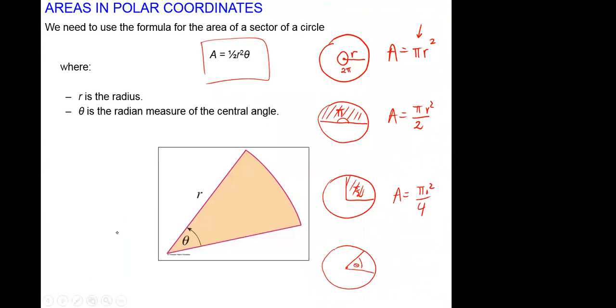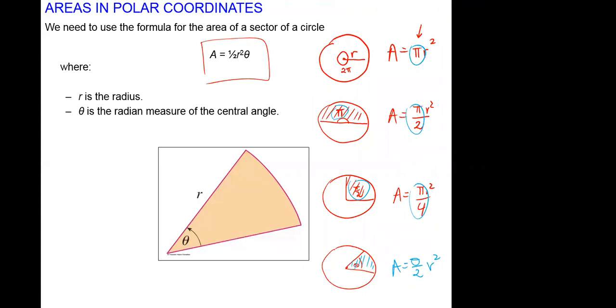If the full revolution corresponds to 2 pi, we have half of this, pi, half of this, pi over 2, half of this, pi over 4. Then, if I have any angle theta, I have to divide by 2 and keep my r squared. That means this is the area of the sector of the circle. We just switch the order: 1/2 theta r squared. That means having a theta and radius. We have to remember this.